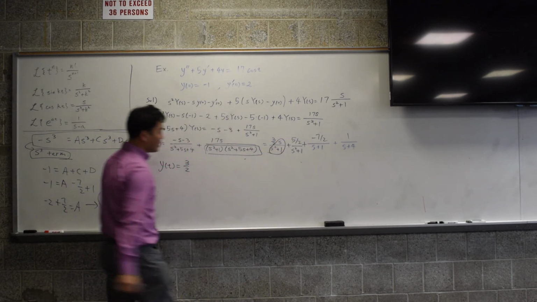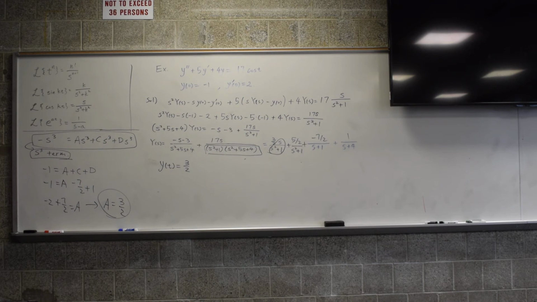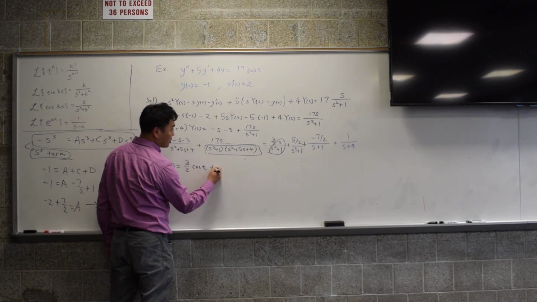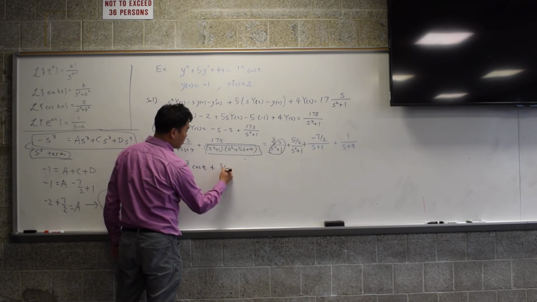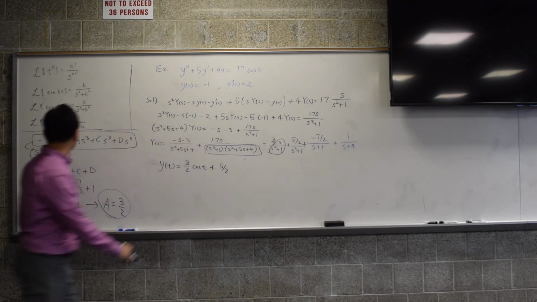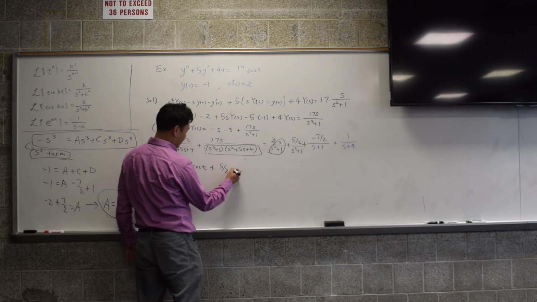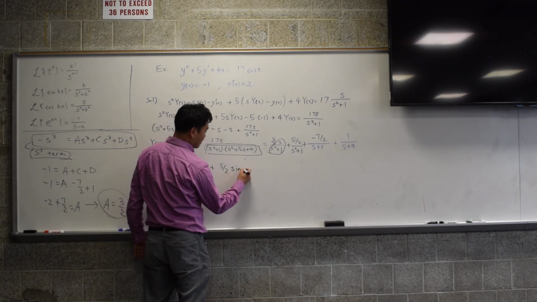What gives you this? s over s squared plus 1. Cosine, right? It's cosine t. Okay, what gives you 1 over s squared plus 1? Sine 1t, right? So it's sine t.